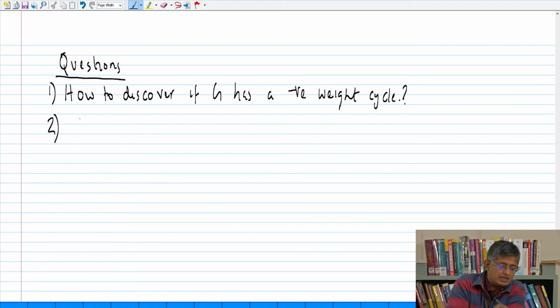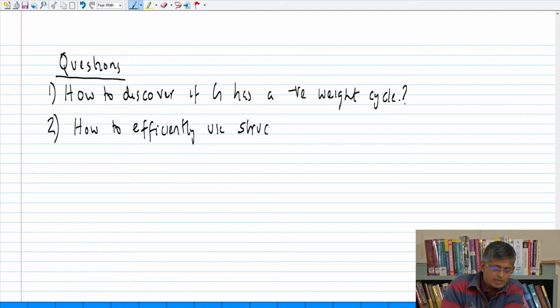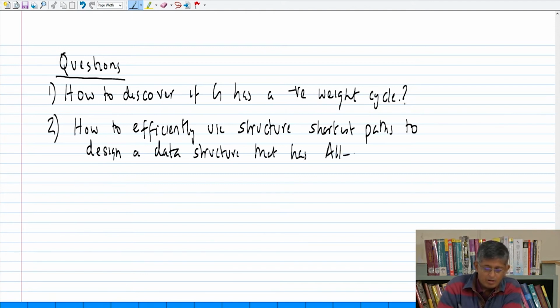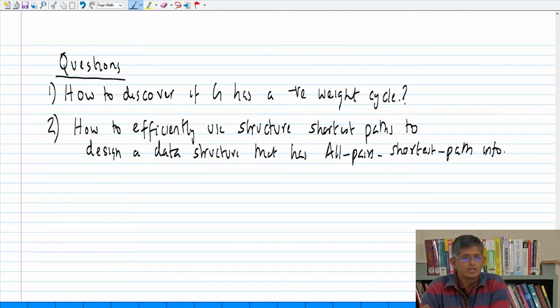Second question is, how to efficiently use the structure of shortest paths to design a data structure that has all pairs shortest path information.